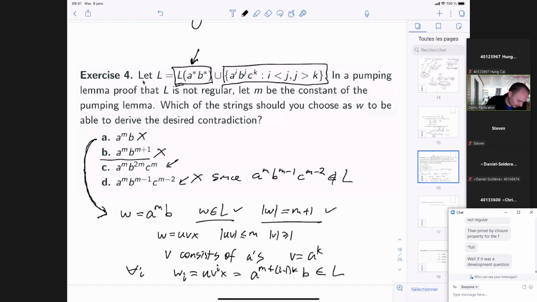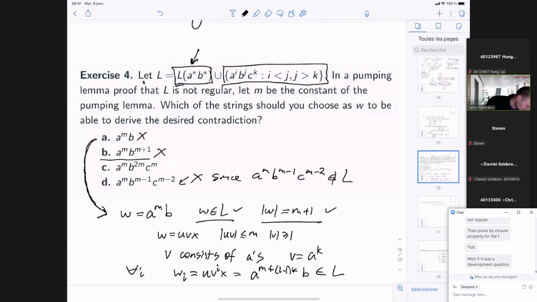And belonging to the language and being of size at least m is the very basic condition. If it is not satisfied, then that string is no good. But even if it is satisfied, as we saw, that string might not be good because you cannot derive a contradiction with it. Okay, so we ruled out choices A, B, and D.